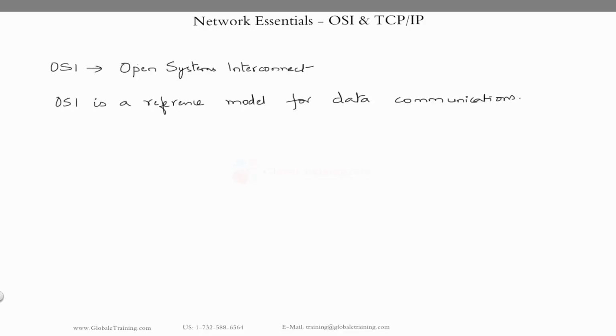Okay, OSI stands for Open Systems Interconnect, and the OSI model is a reference model, meaning it's an open paper that was published explaining the details on how computers can communicate, and that's why they call it a reference model.